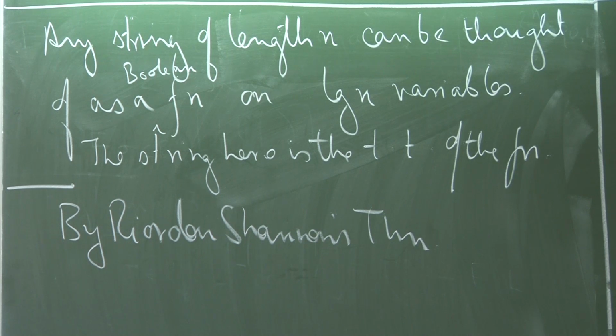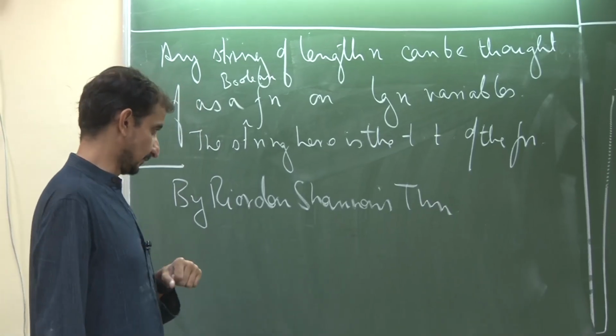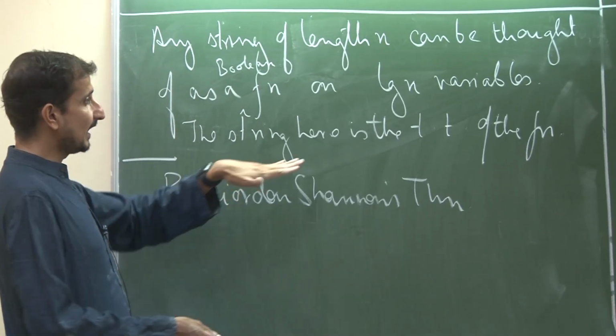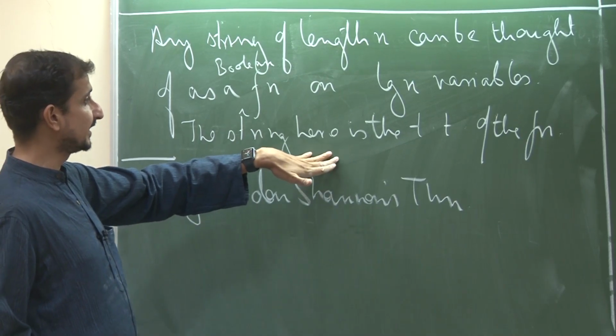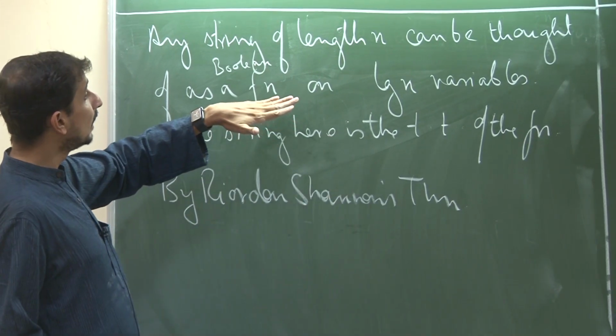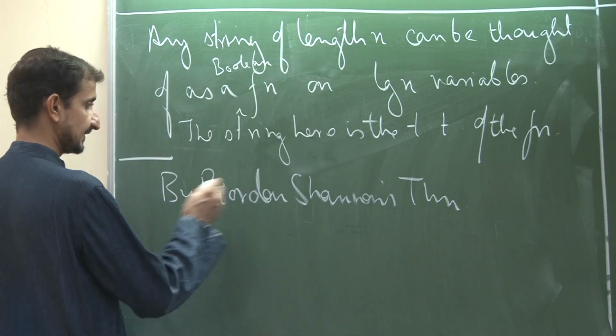Okay. So, there was a delta also, but we can choose delta to be anything that we want. So, here now I have a function on log n variables.